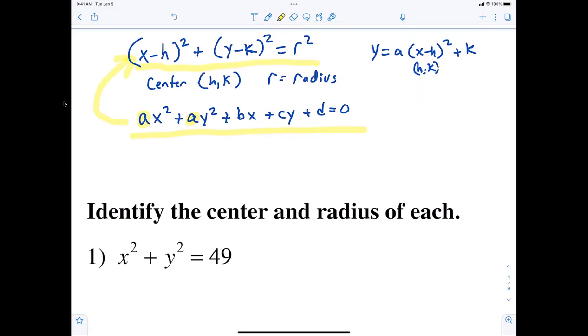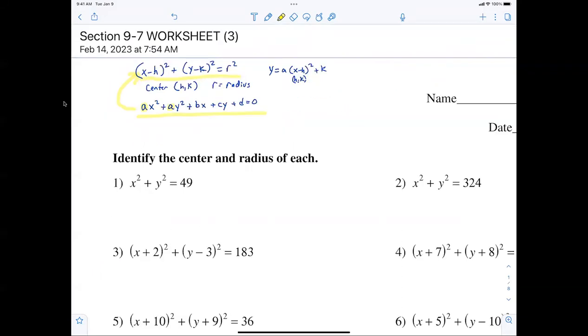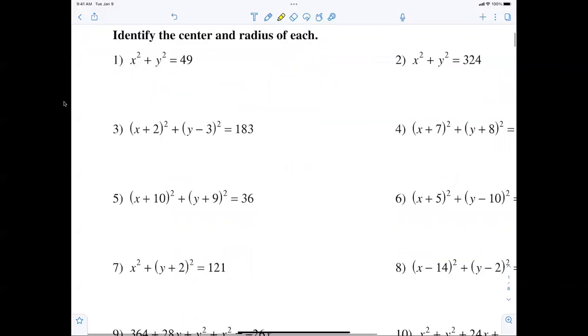So, for example, we'll go down and do the odds. Number one, can anybody tell me what the center is? Now remember, you should get in the habit: (x − h)² + (y − k)² = r².